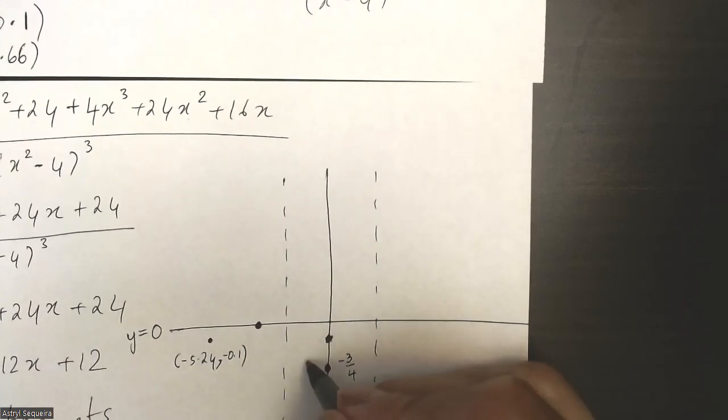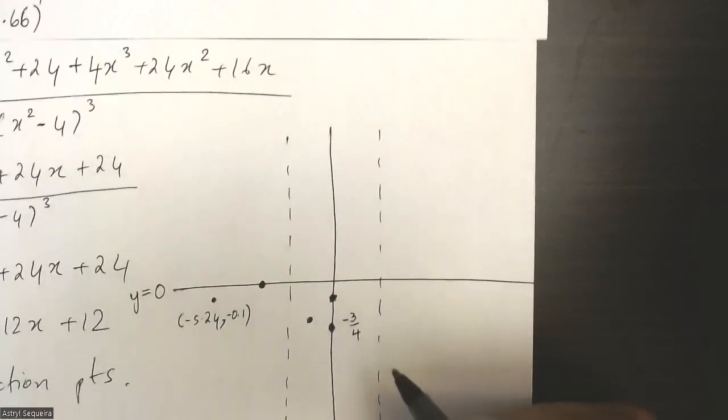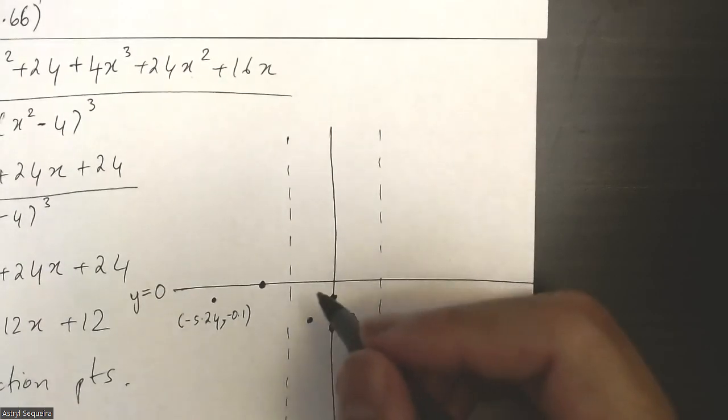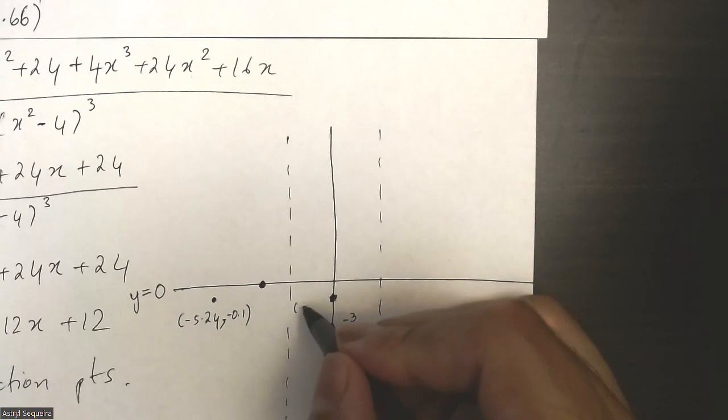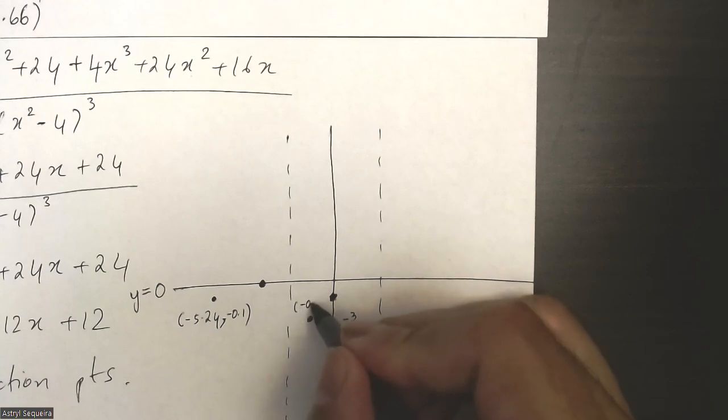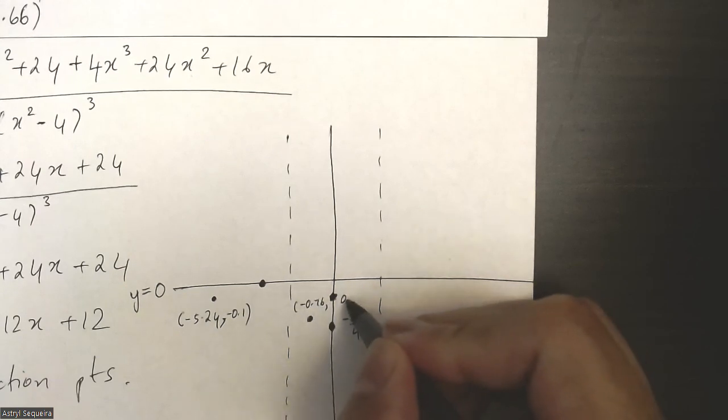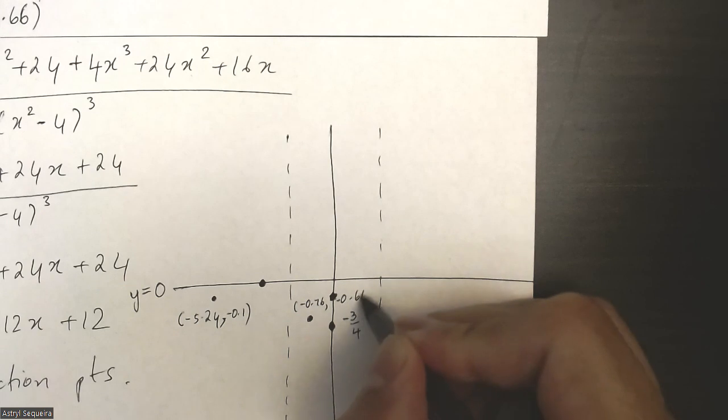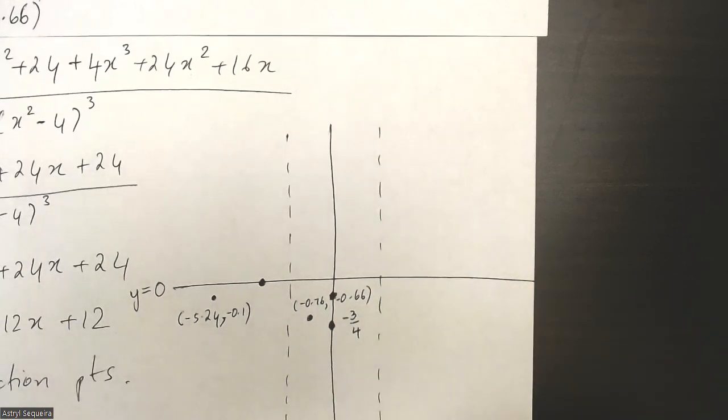So my maximum is over here, which is, again, this is approximate, this drawing, -0.76, comma, -0.66. That's my maximum right there.